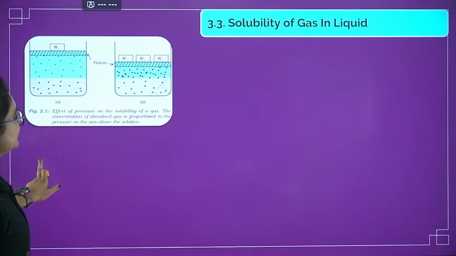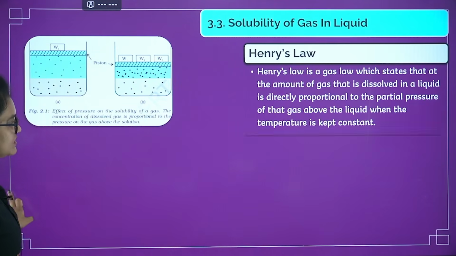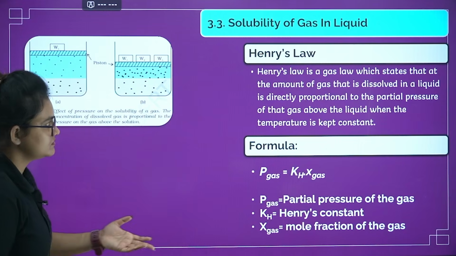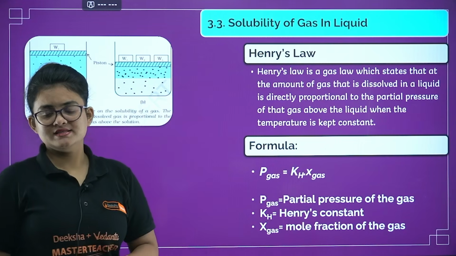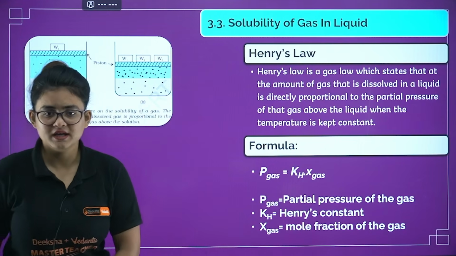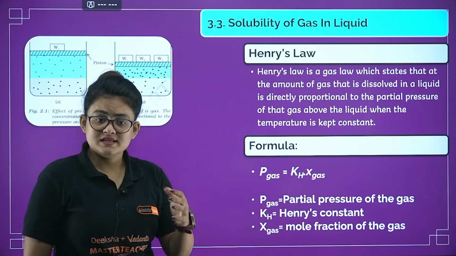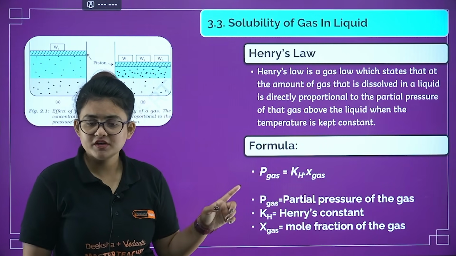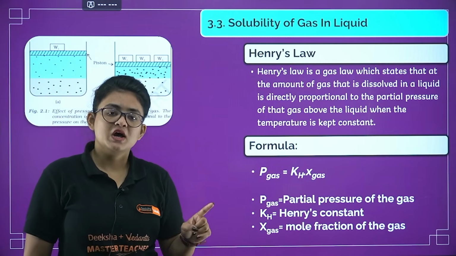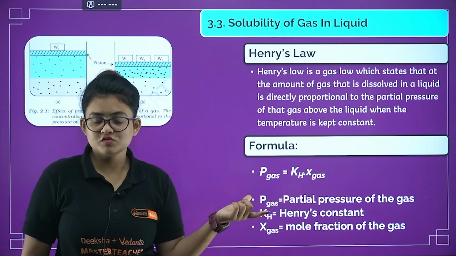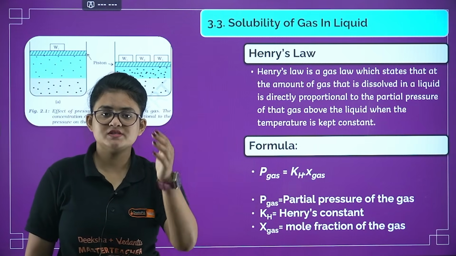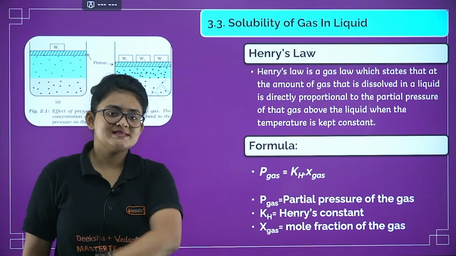Here we are going to discuss Henry's law, which is related to the pressure dependency of solubility. The statement of Henry's law is very important for the PU board examination, and the mathematical form is also important for the numericals for the board and KCET as well.